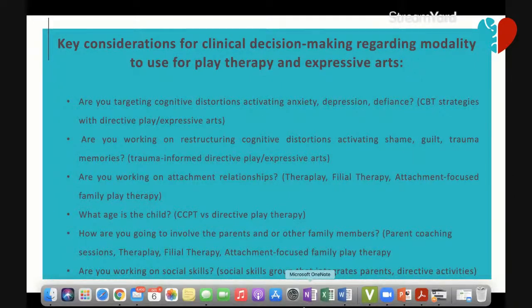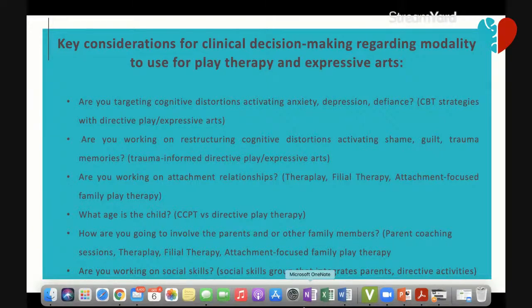So you want to make sure of the theory behind those, because that's how you do the application piece. The other thing to think about is, are you working on restructuring cognitive distortions that are activating shame, guilt, maybe some trauma memories? If that's the case, you probably want to think about using more trauma-informed directive play therapy or expressive arts interventions.